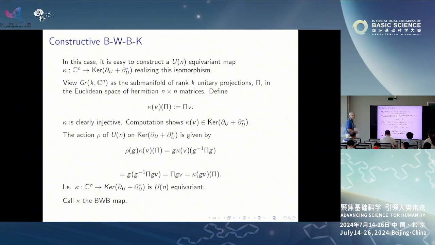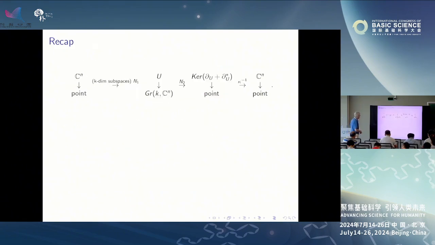So we'll be hitting this multiple times. Let's recap what we've done. I started off, in this last example, with the vector space Cn. For generalization purposes, I'll think of that as a vector bundle over a point. Then I associated to that the space of all k-dimensional subspaces of Cn and the canonical bundle over that.